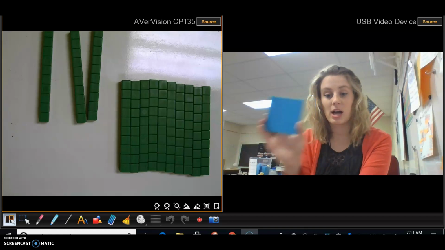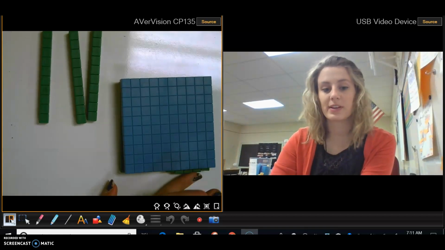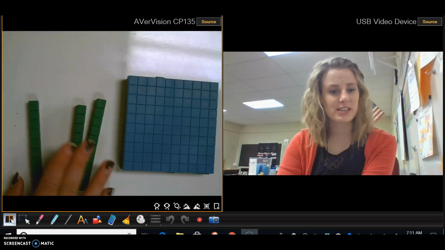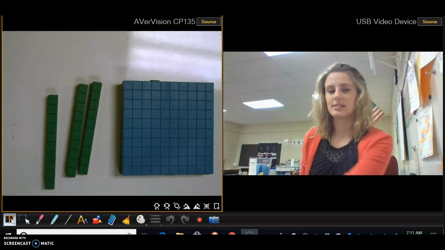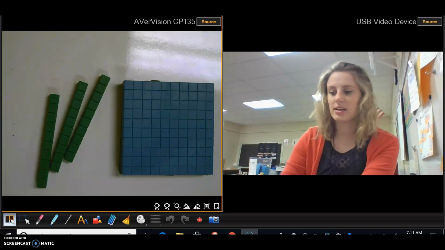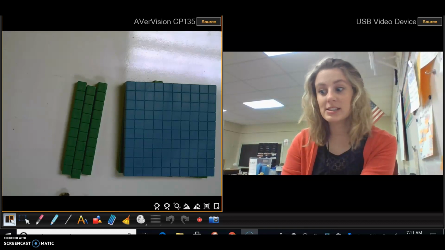So I'm going to put a hundreds block over my 10 sticks. And look at that. It covers them up perfectly. But I still have some leftover tens. So what does that mean? Because I can't group these and get rid of them and put a hundreds in, right? Because I don't have 10. So I'm just going to keep these in our tens place.